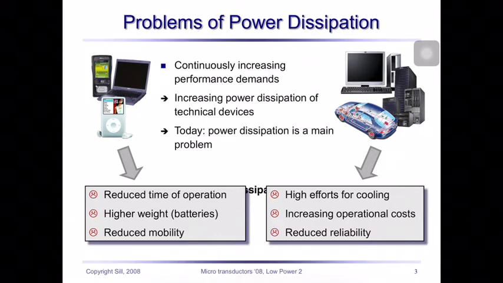So when there is a very large or very high power dissipation, it reduces the functionality of your devices. It causes the device to consume more power and more battery power, and when you have to have larger batteries, you have reduced mobility, and power dissipation also requires a lot of cooling.